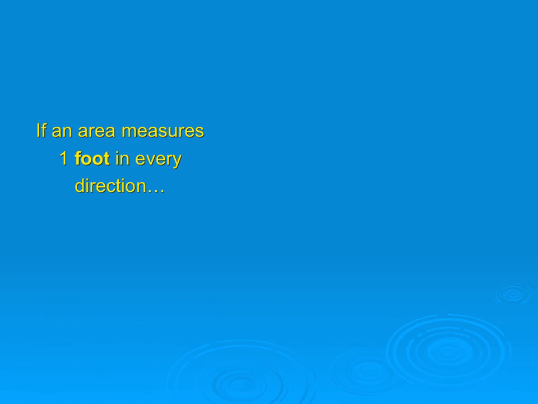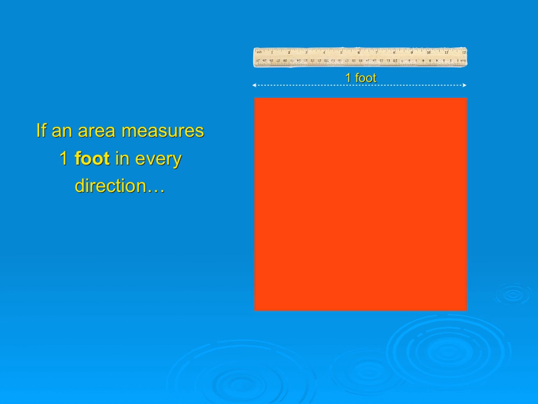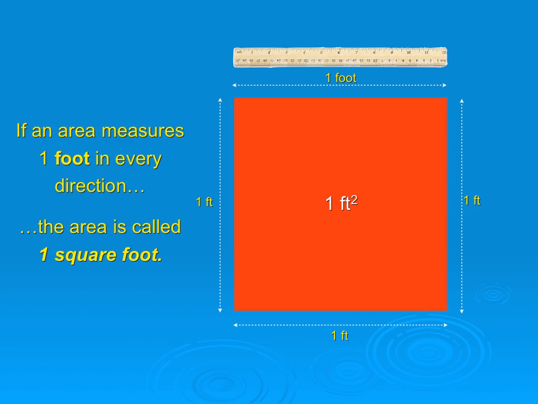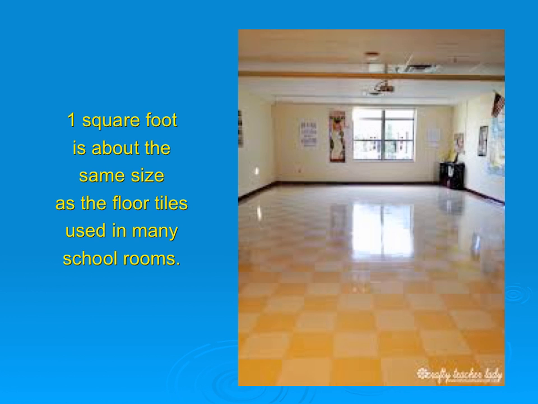If an area measures, let's say, 1 foot in every direction, that would be the length of a ruler, which is about the size of an adult foot, then the area is called 1 square foot. 1 square foot is about the same size as the floor tiles used in many schoolrooms.